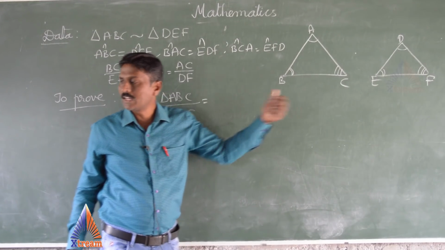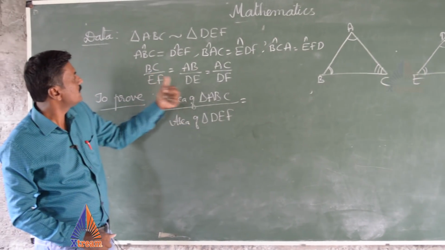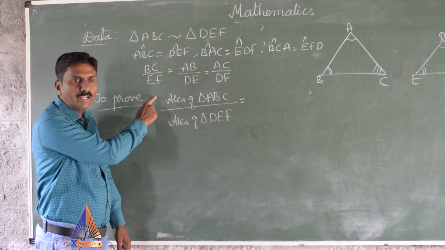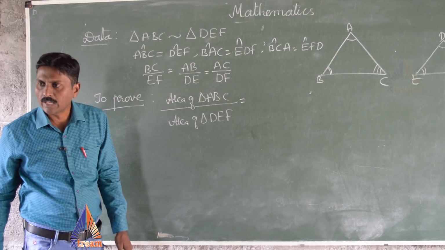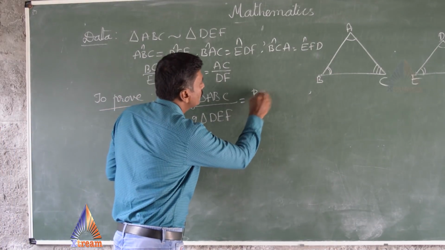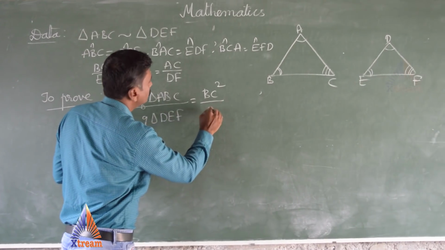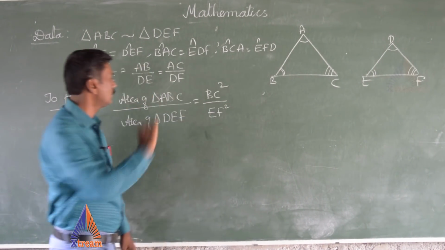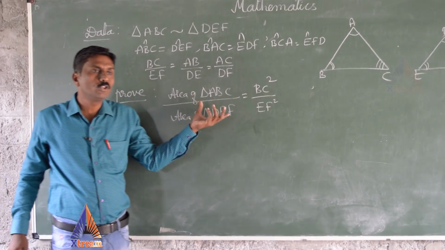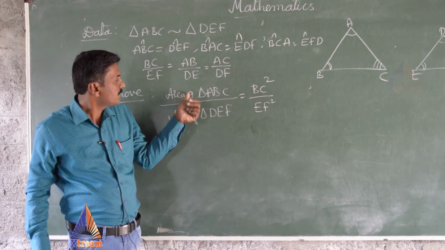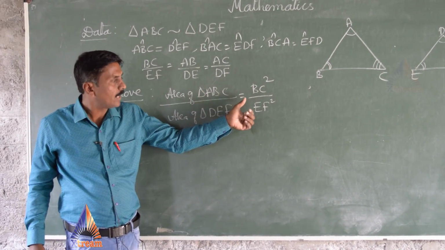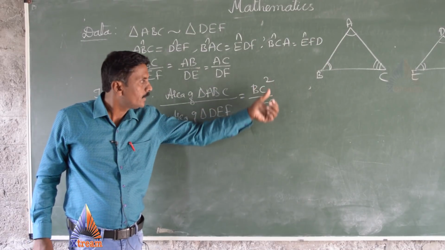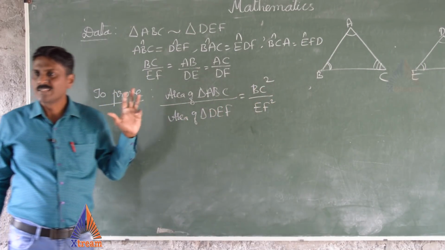Square of their corresponding sides. You can consider any pair here, BC and EF, a pair of corresponding sides. So BC square by EF square. This we are going to prove. Areas of similar triangles are proportional to square of their corresponding sides.